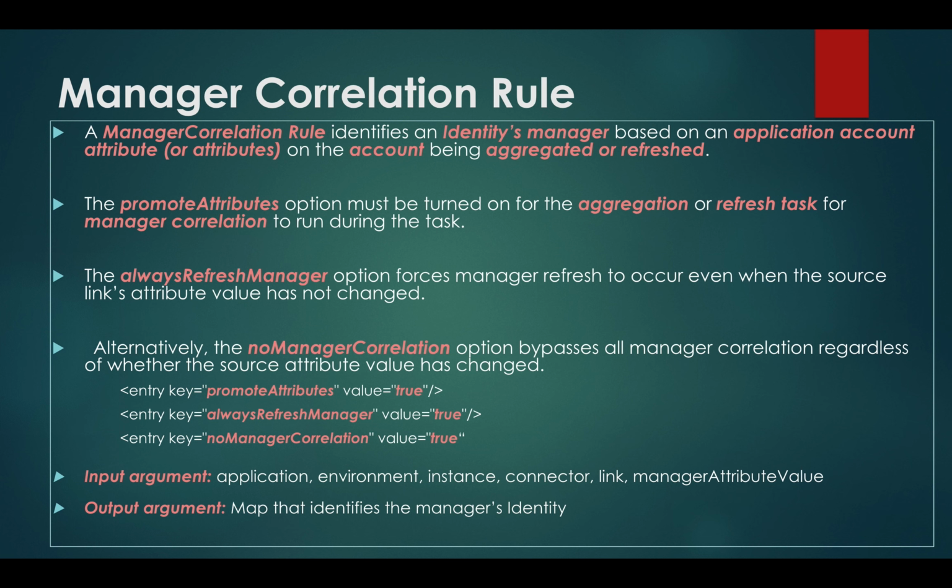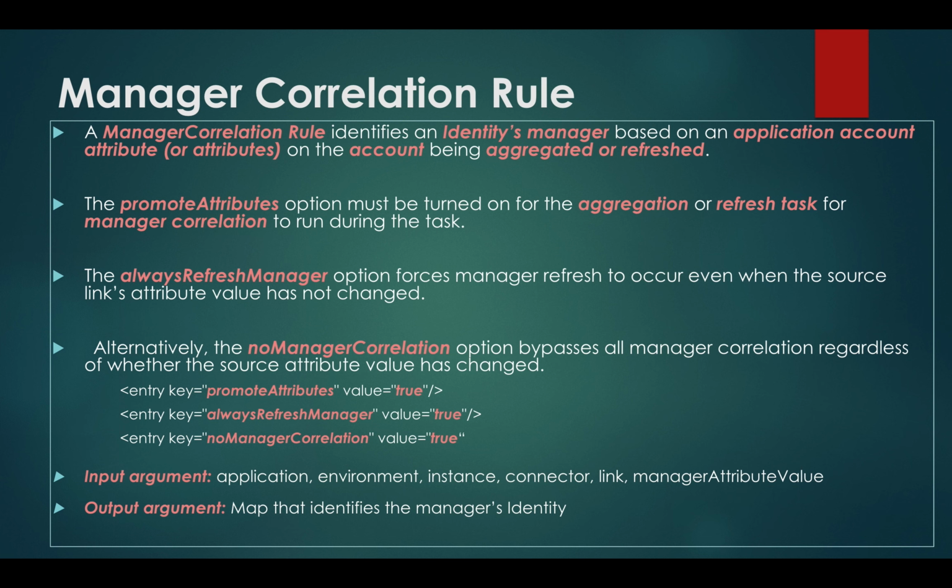Similarly, the always refresh manager option forces the manager refresh to occur even when the source link's attribute value hasn't changed. Alternatively, the no manager correlation option bypasses all manager correlation regardless of whether the source attribute has changed or not.